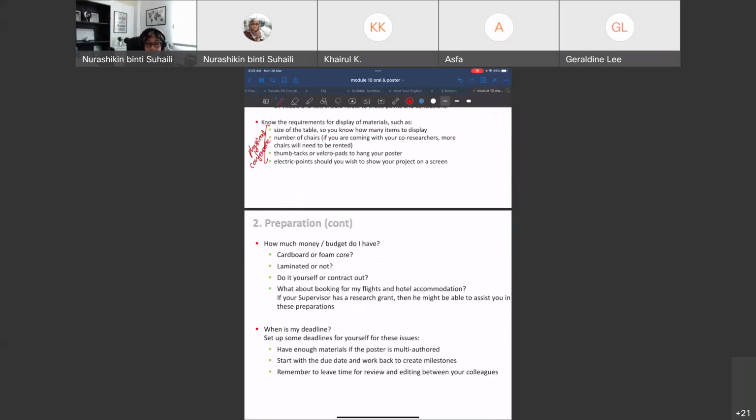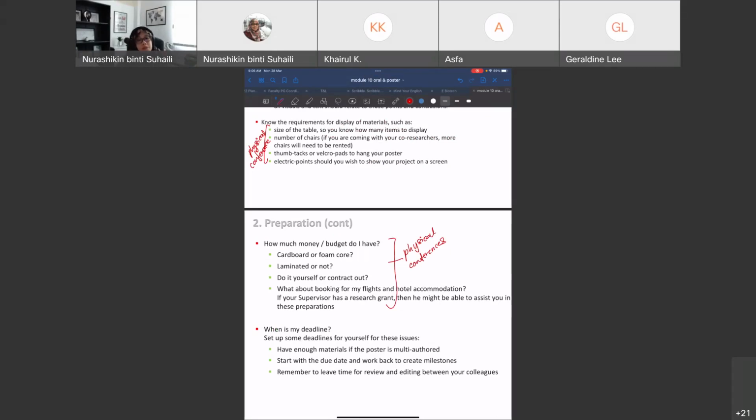Yeah, and also this one is for physical conference because you have to print the poster. So before the pandemic, we had physical conferences whereby the classic way of displaying the poster is by having the printed version of the poster.